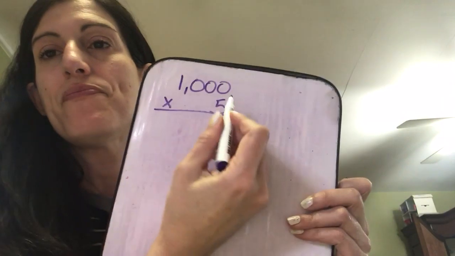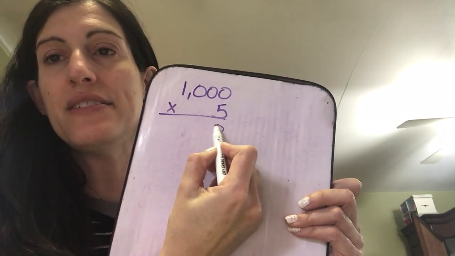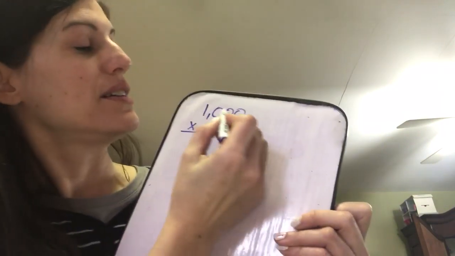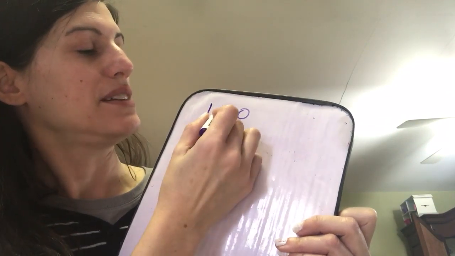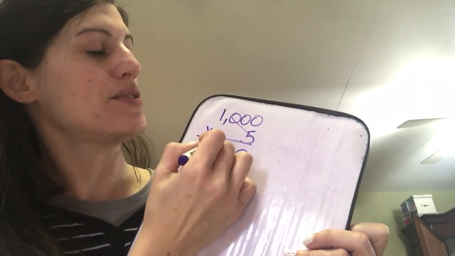Now, to get from 5 times 1,000, what would that be? Let's try that. We've got 1,000 times 5. 0 times 5 is 0. 0 times 5 is 0. 0 times 5 is 0.